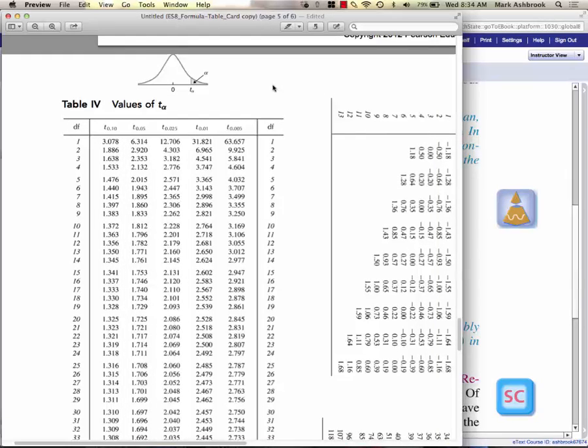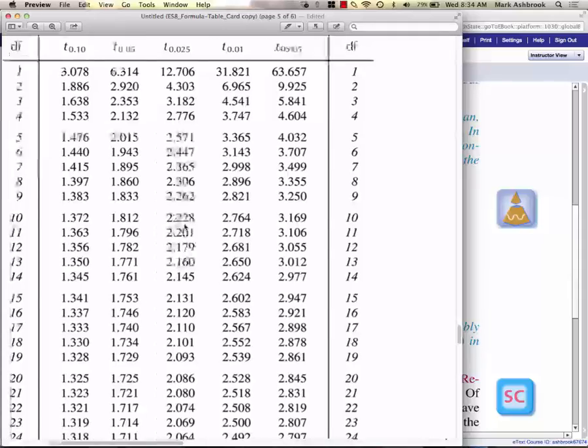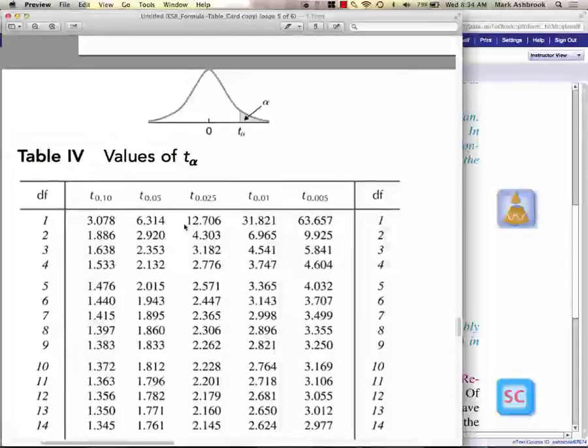Okay, so again, we're going to do the same thing we did last time for 95% confidence. So what would that alpha value be right there? If we want 95% confidence, we want a 95% confidence interval.